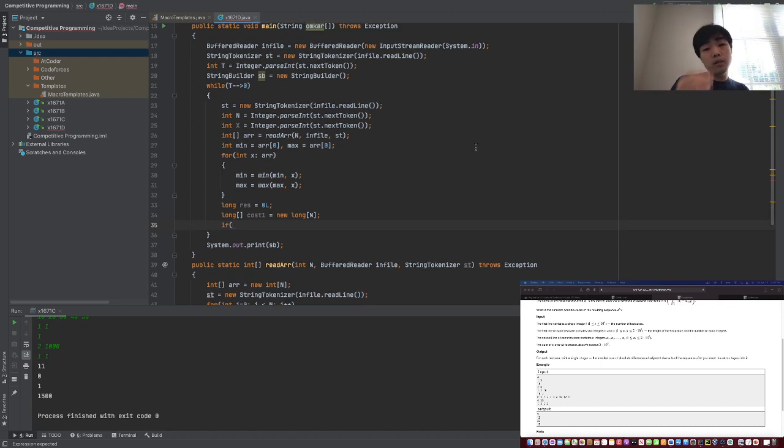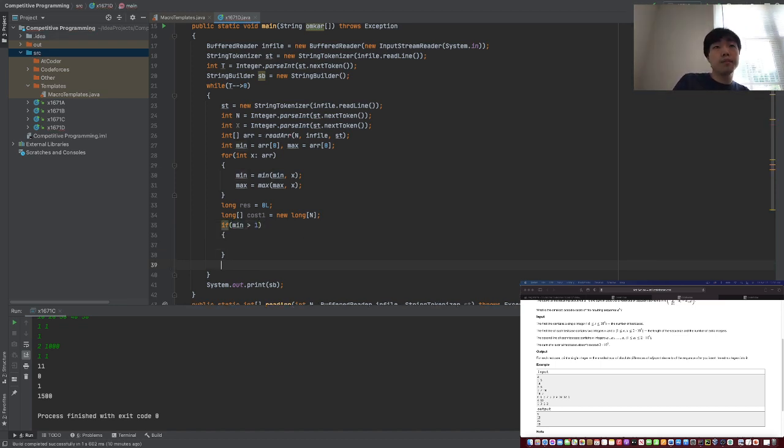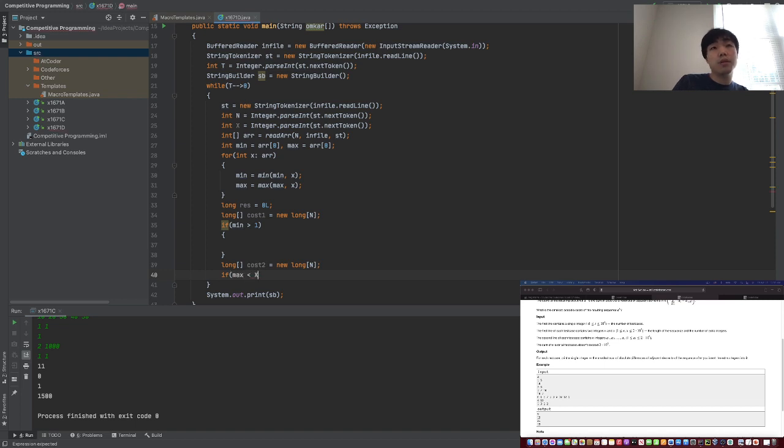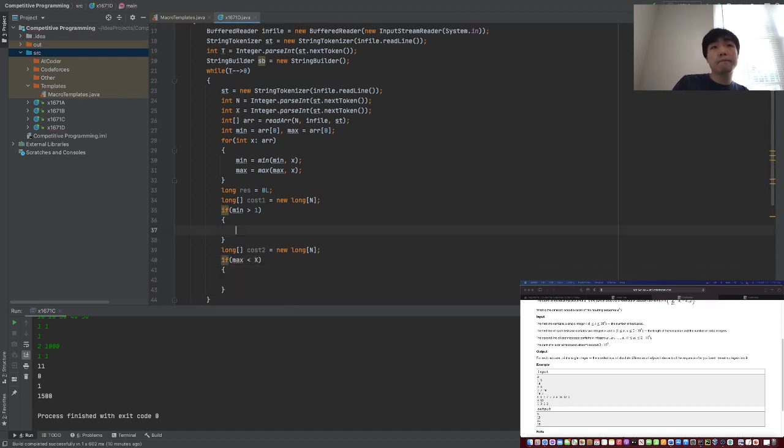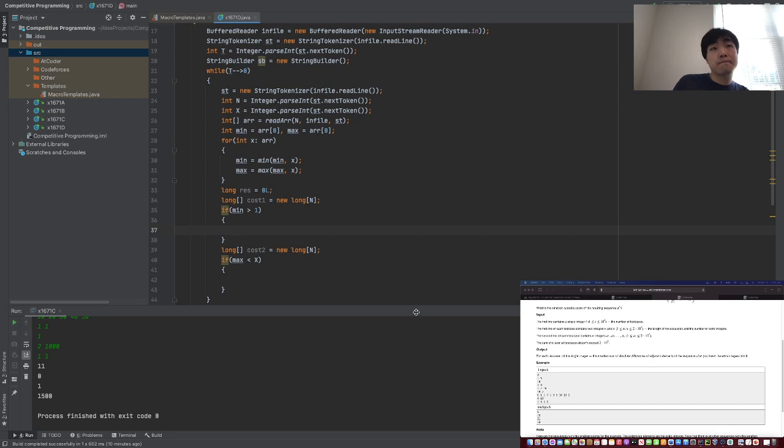And cost of 1, well, the cost of the minimum, is only if the min is strictly greater than 1. And we only do this if the maximum is strictly less than x. Okay.